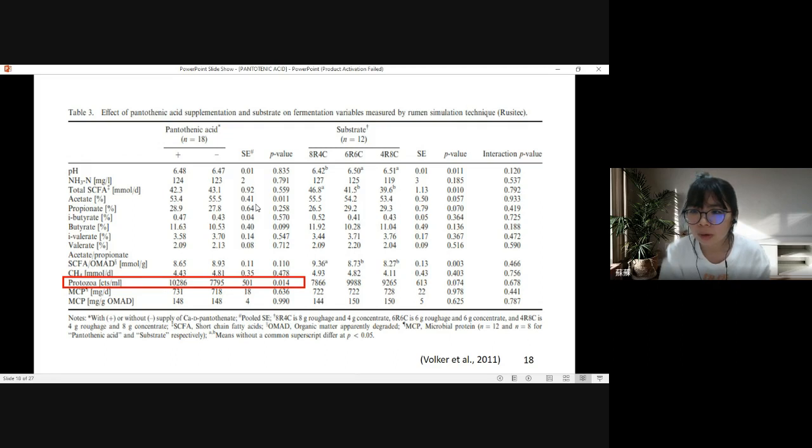So I'm just wondering, when propionate is increased, there is less hydrogen to synthesize CH4, right? But if we still have more bacteria or protozoa to produce more greenhouse gas, how can we balance this conflict?